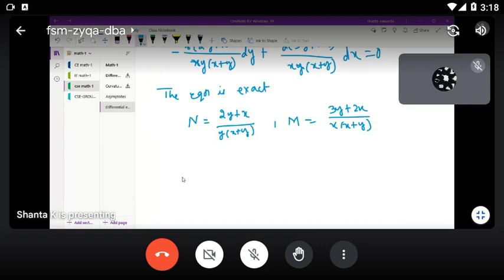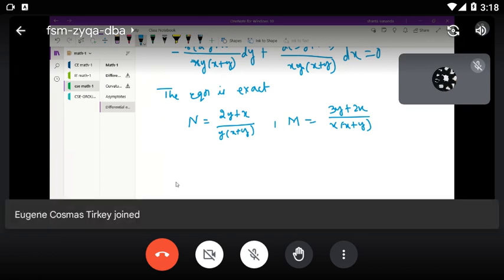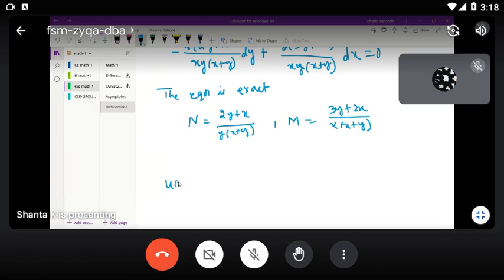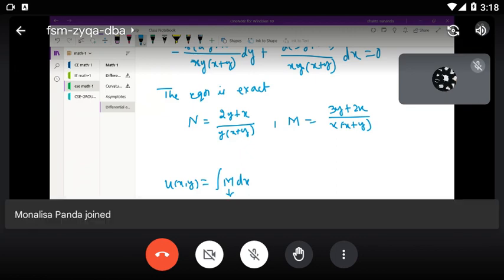So if you remember the solution, u of x, y, what we have done: integral of m dx, and we keep y constant. We treat y as constant.